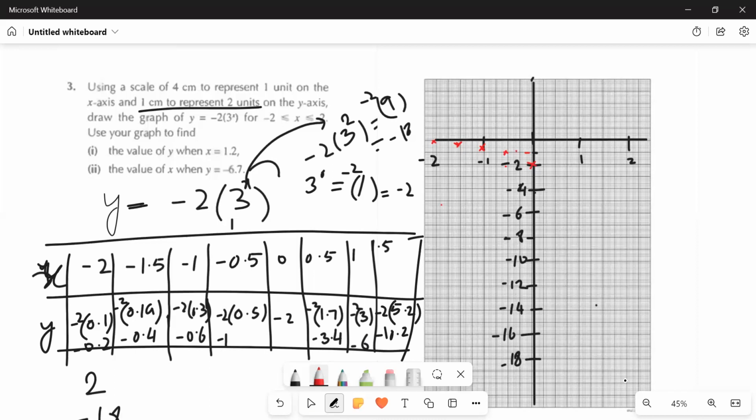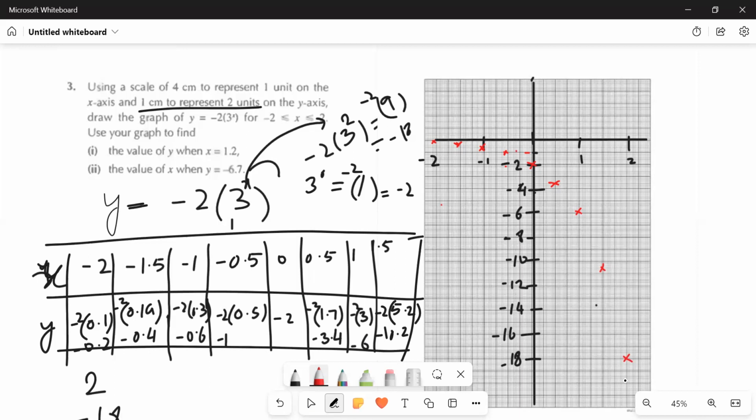This one is 3, and this one is 4, almost the middle. And the next one, 1, is minus 6. Then it is 10.4. 1.5 is 10.2, so 10 point, this one here, 10.2. And for 2 it is 18.